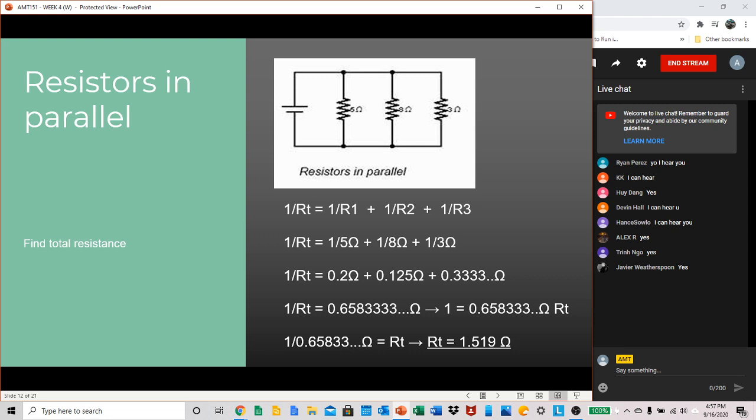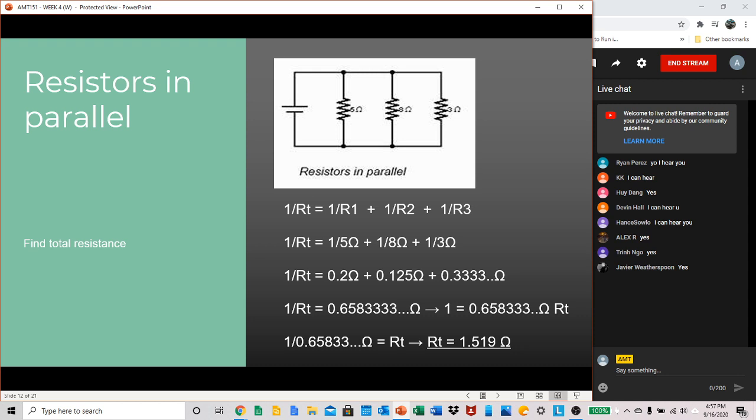We would just punch it into our calculator, and these are the numbers that we get. So now our formula is 1 over total resistance equals 0.2 ohms plus 0.125 ohms plus 0.333 repeating ohms. You can read the rest of this; it just continues to break down the mathematical problem. It's simple addition and multiplication that can be done on your calculator.